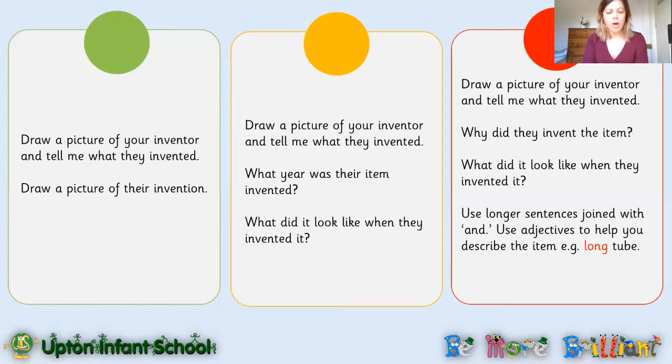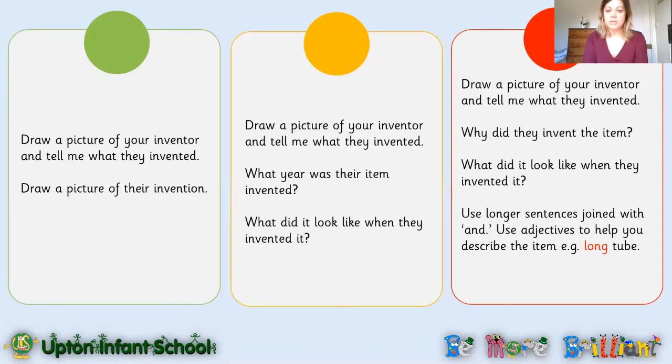Then tell me about why did they invent the item? What was the need? So Alexander Bell invented the telephone because he wanted a way to talk to people all over the world without having to write letters and waiting those long periods of time to hear back from people.